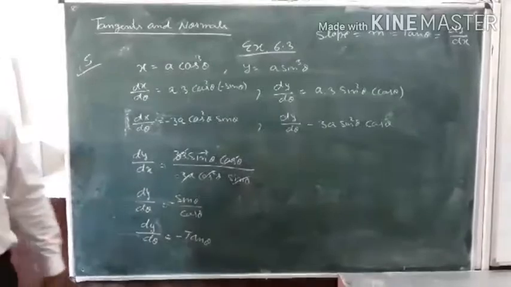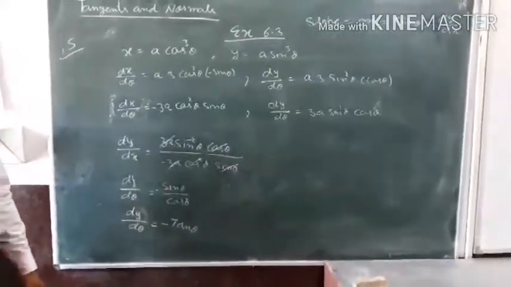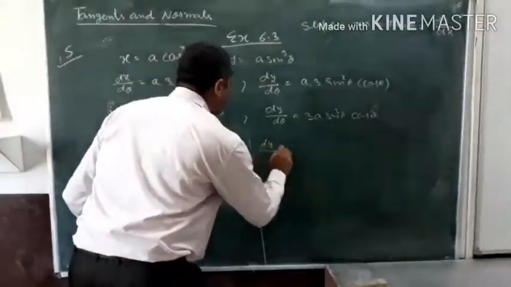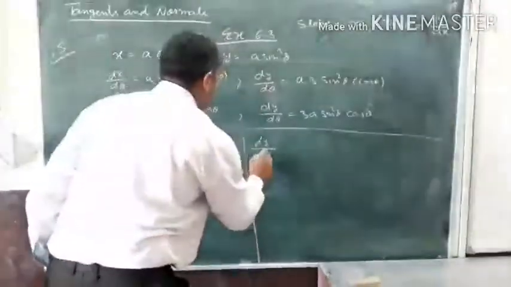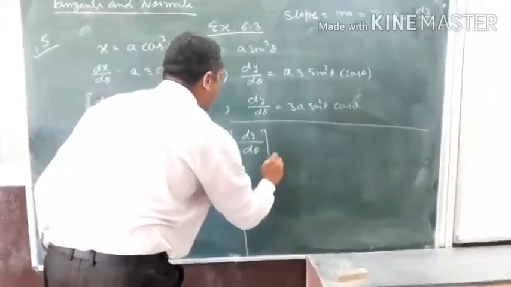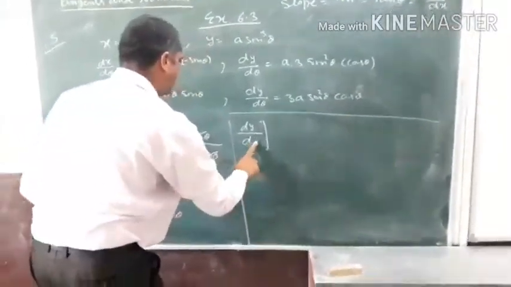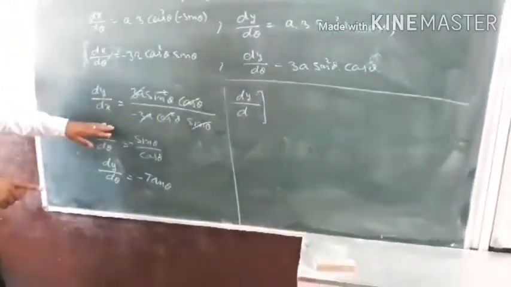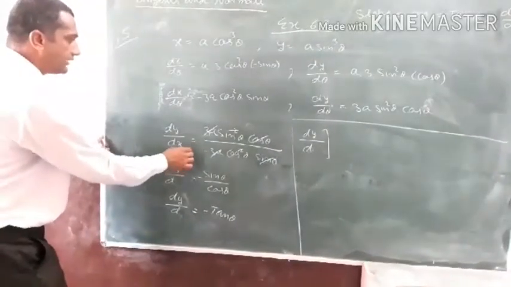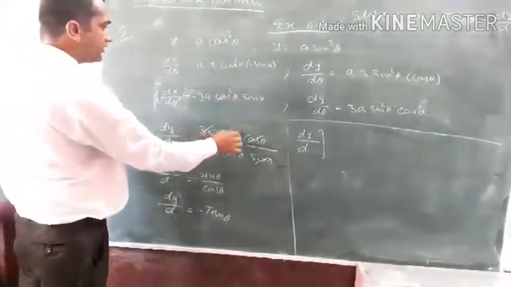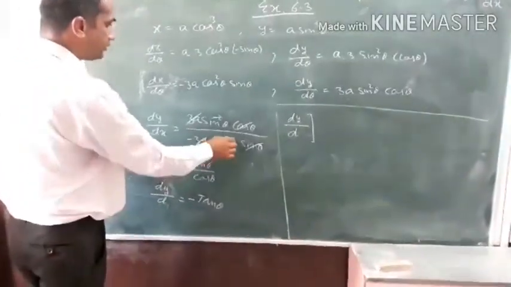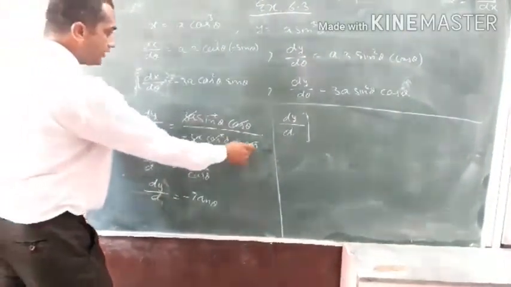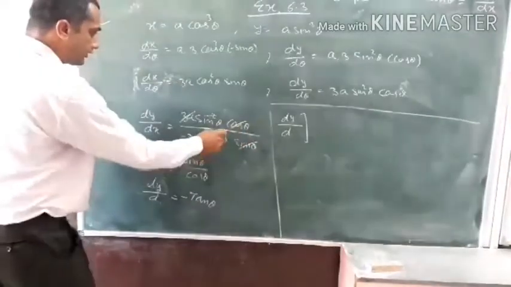But we have to find the slope at theta is equal to pi by 4. So dy over dx is equal to 3a sin square theta cos theta over minus 3a cos square theta sin theta. The minus 3a cancels, and sin and cos cancel.